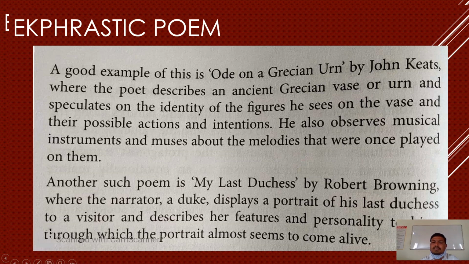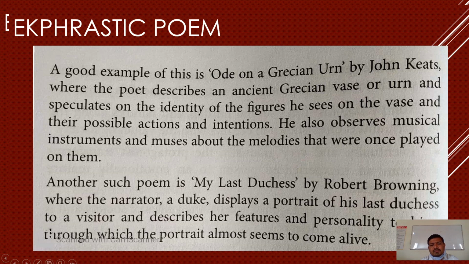So that is the ekphrastic poem, and the example of this ekphrastic poem is Ode on a Grecian Urn, written by John Keats. He also observes musical instruments and muses about the melodies that were once played on them. Yes, musical instruments are also there with that picture.